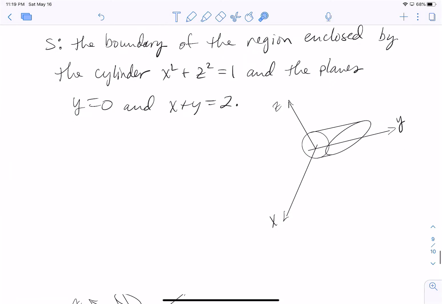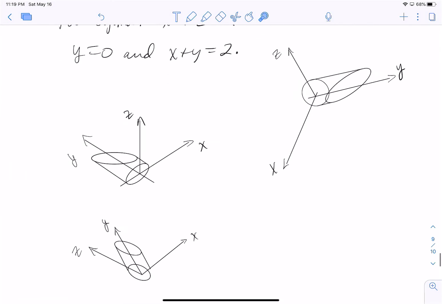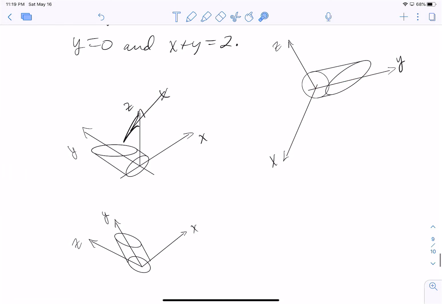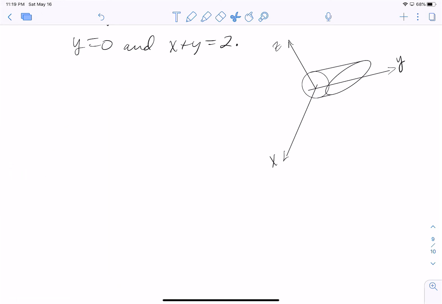Now, folks, I tried this using a couple of other orientations, and neither one of these looked right to me. And I was looking at this one and I realized, oh, I need to be standing basically here to view this face the way I want to see it. And so that's kind of what told me to put the x-axis down here and the y-axis over here. It's trial and error in trying to understand some of these shapes sometimes.